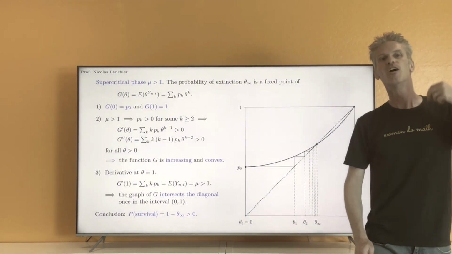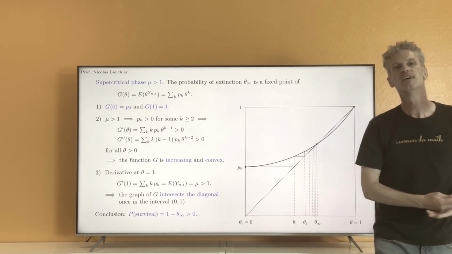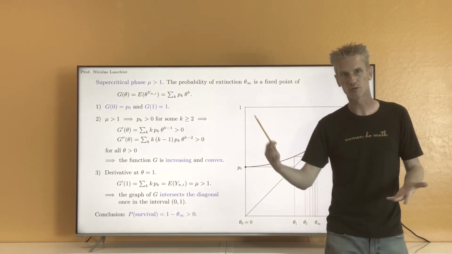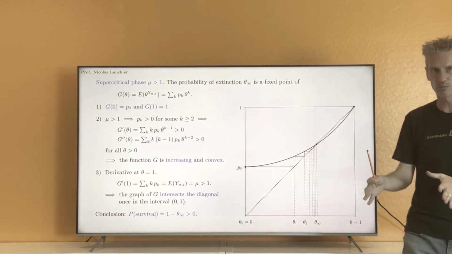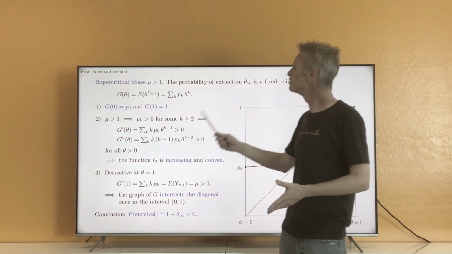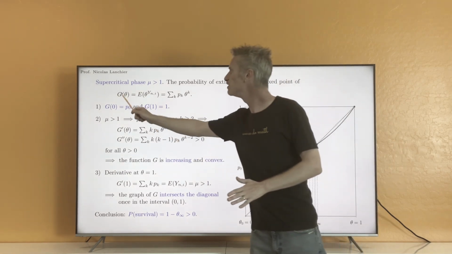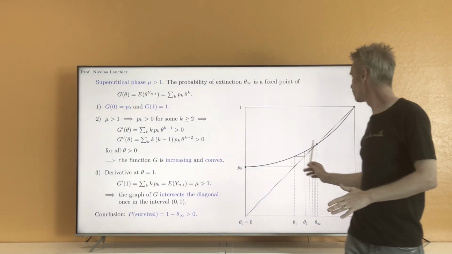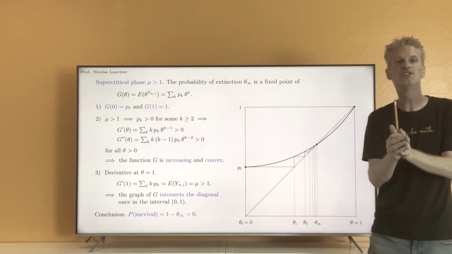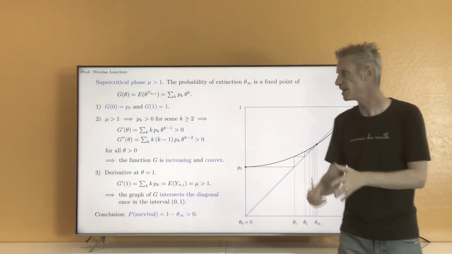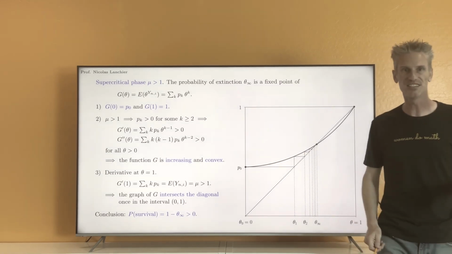It's always better than running a bunch of simulations of the process to estimate that. That's not going to be very precise, while using a computer to directly plot this function and find the fixed point is going to give you a better approximation for the value of theta infinity.